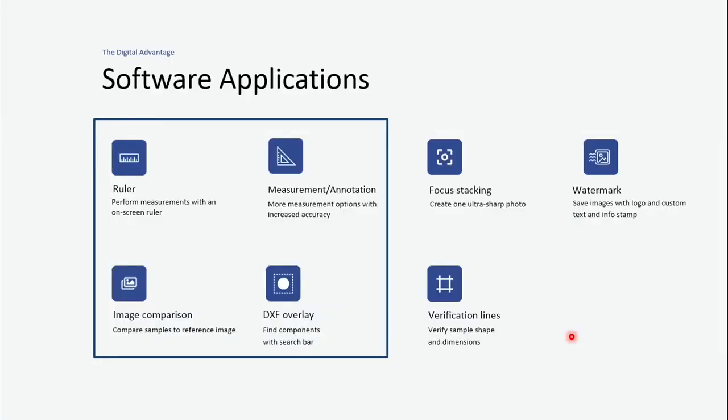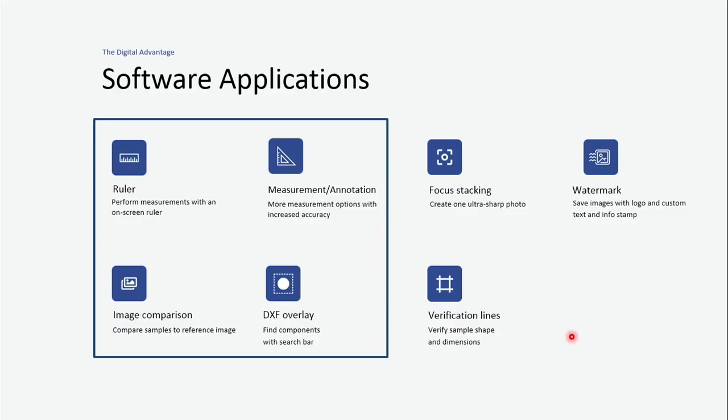I talked about the software. We have a lot of different software applications for a lot of different fields. Some of them are related to the agriculture industry, looking at seeds, others in the food industry. But we have a handful here that are nicely designed and usable in the electronics industry.